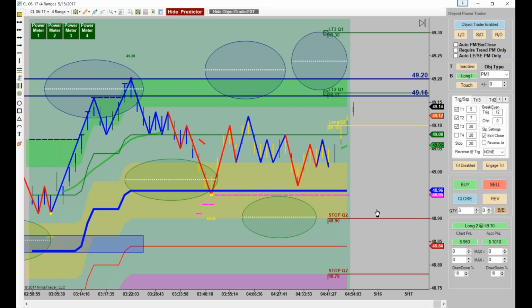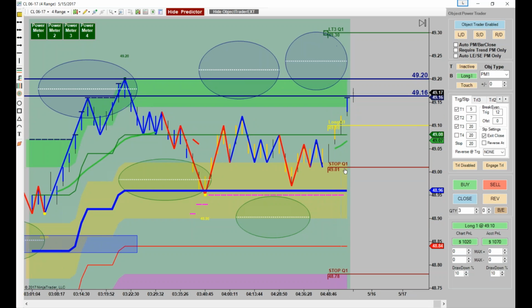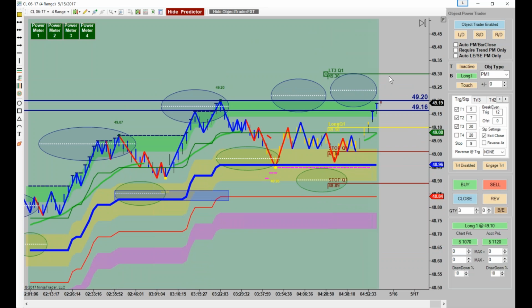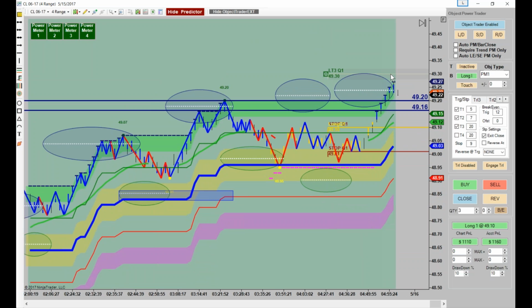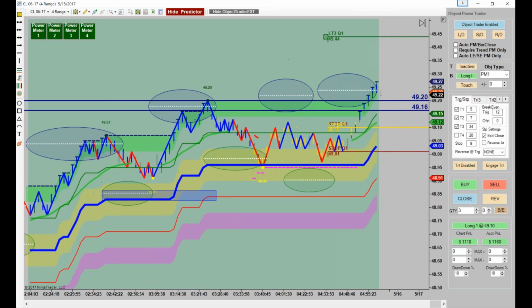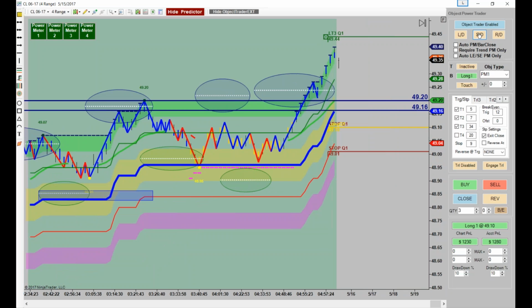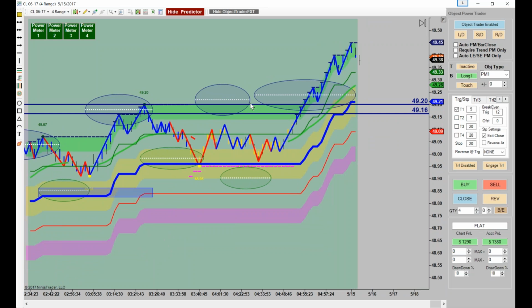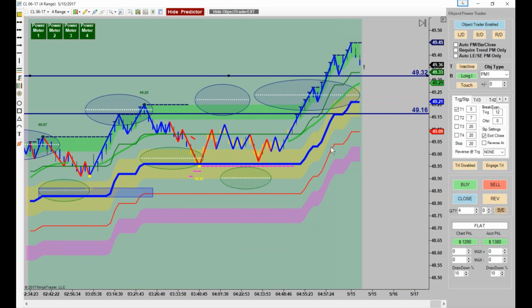Put my stop just underneath that swing right there. Move your target out of the way, right? And I'm going to go for a 5-tick reversal trade if it happens to take out Power Meter.